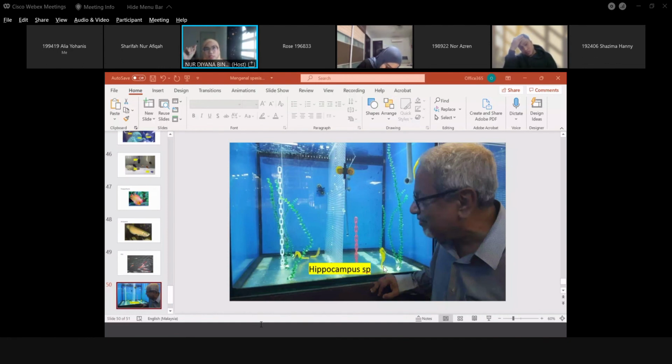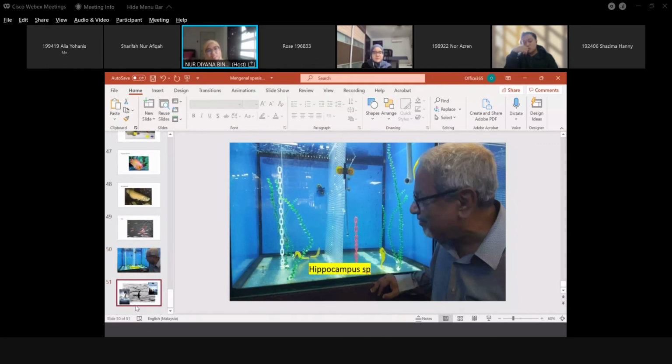We had a research going on at the Institute of Bioscience in UPM, near the Pine Cones area in UPM. They have a small facility there. When they were doing the research, they had a few of these, so I got to see them close up. This was just a picture during an exhibition.